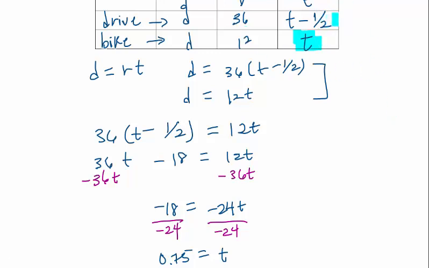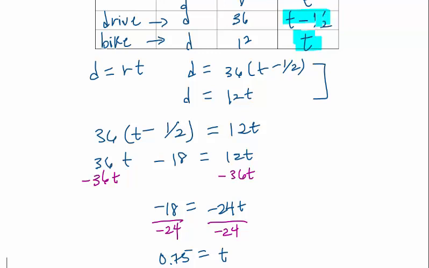But the other that you may need to answer is how long does it take to drive? And so that would be 0.75 minus a half using the formula for the time for her driving. And that would be just 0.25 or 1/4 of an hour.